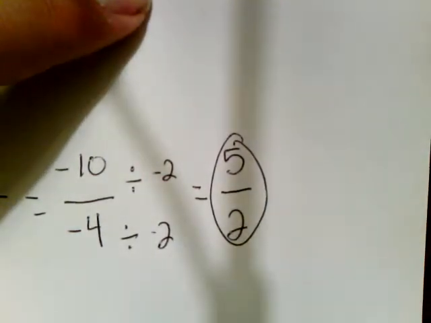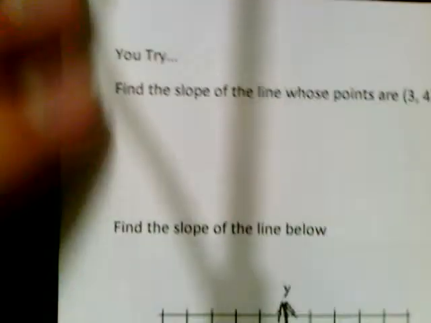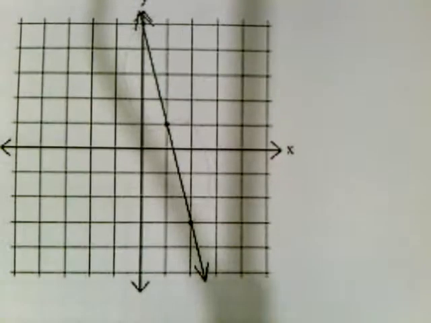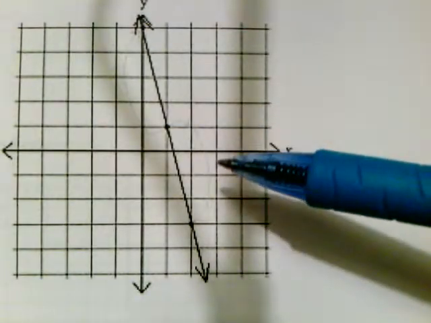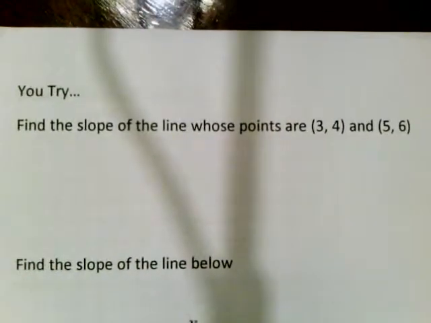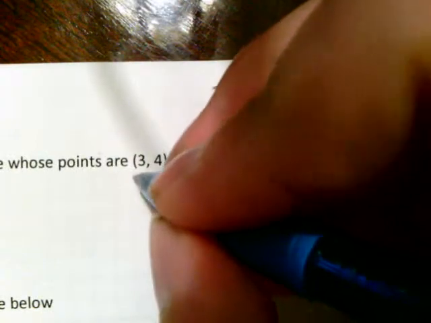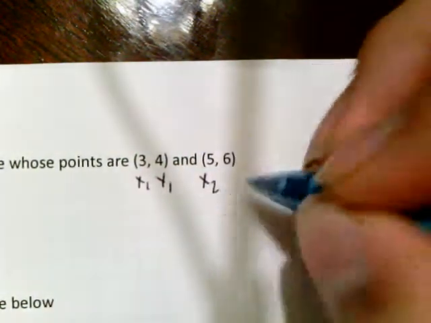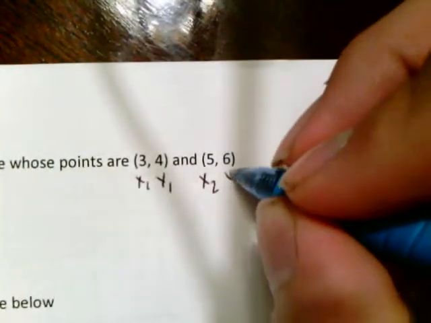That's our slope. So what I want you to do is pause the video. I want you to try this problem here, and then I want you to try finding the slope off of this problem here. So once again, x1, y1, x2, y2.